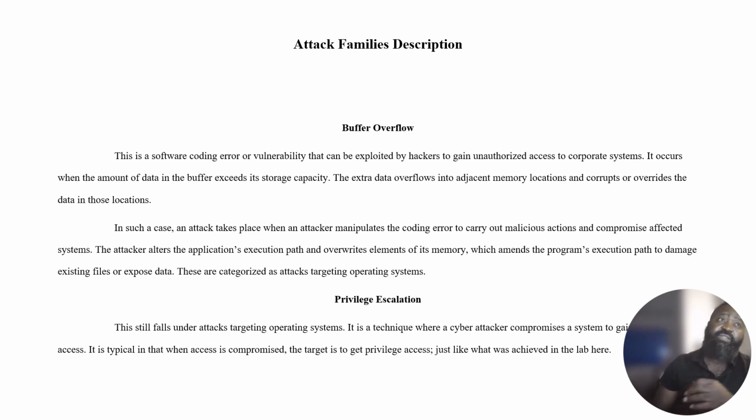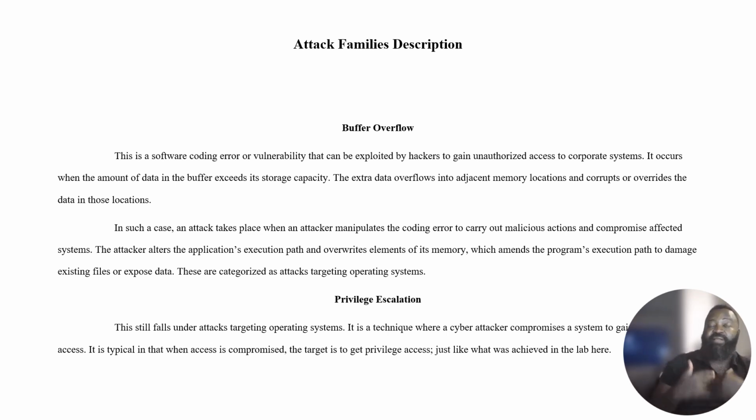Let's assume a buffer is something that carries data. The buffer has a storage capacity, an amount of data that it can carry at once. So imagine that there's more data in the buffer than it can carry. It overflows to adjacent memory locations and corrupts or overwrites data in those locations.